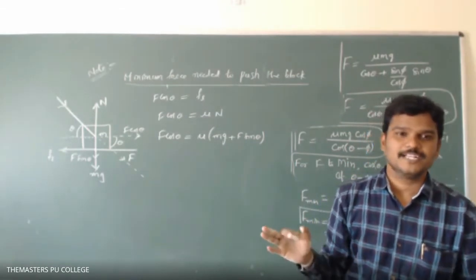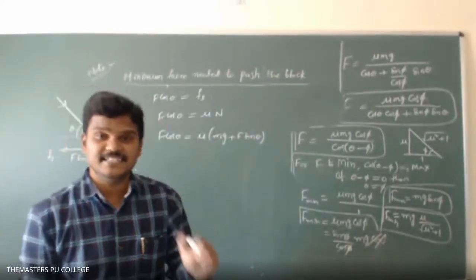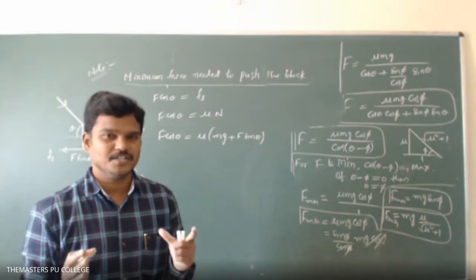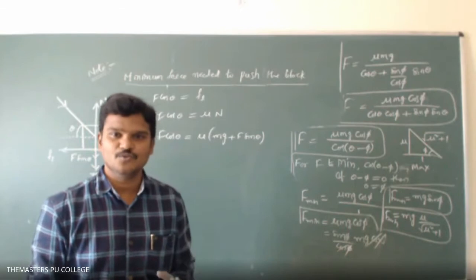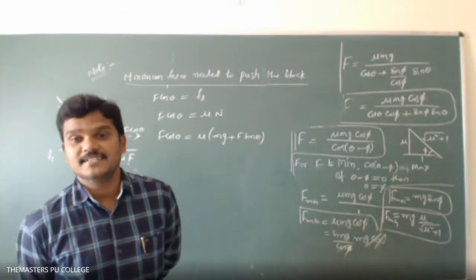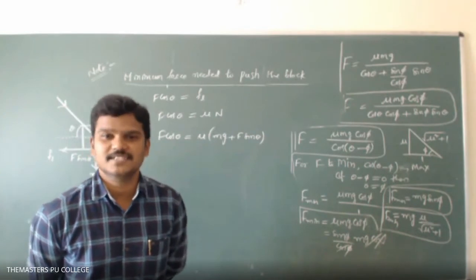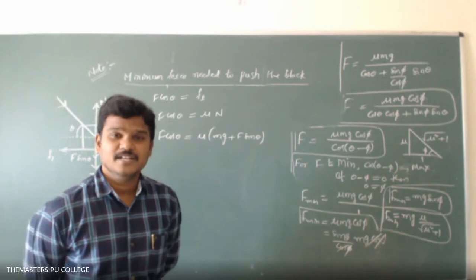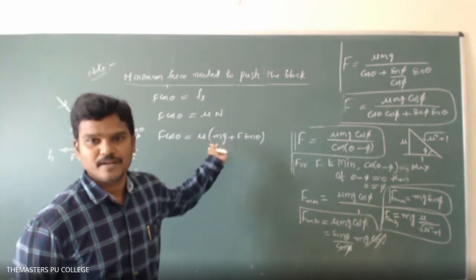So if any body is placed on a horizontal surface, then pulling the body is easier than pushing. Keep in mind, in case of pushing the frictional force is already at its maximum.